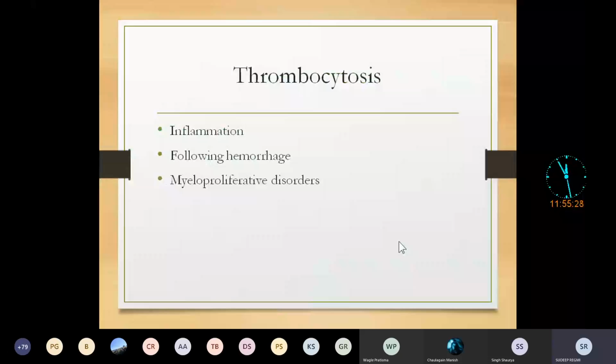Although this is not related to the bleeding disorder, thrombocytosis means increase in the number of the platelets, which can occur in inflammation, following hemorrhage, and in myeloproliferative disorders like CML, chronic myeloproliferative neoplasm.